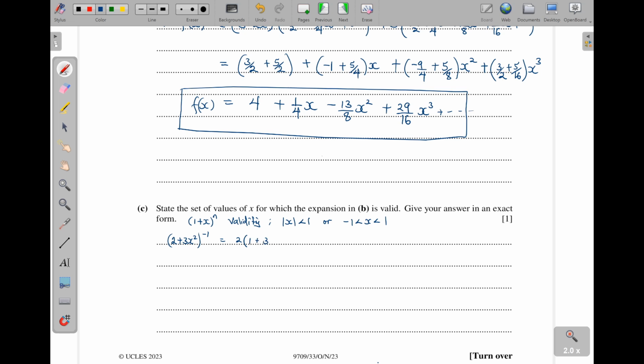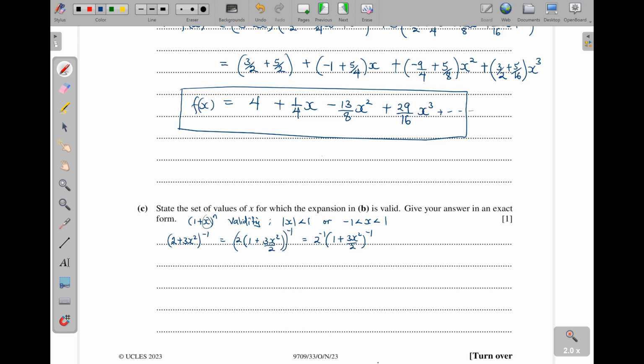That means this one is going to be 3x squared over 2, okay? And then this whole thing is going to be power negative 1. So meaning we shall have 2 power negative 1, then 1 plus 3x squared over 2, like this, which is going to be power negative 1. Then from there, I have to find my x, okay, the expression for x, because here we are having x, okay?